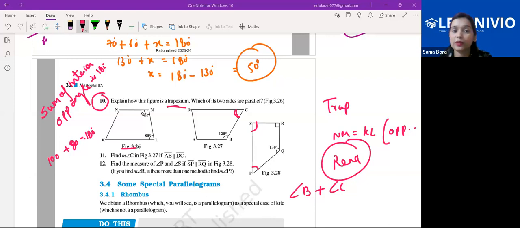So P and Q can be the co-interior angles because the line is coming like a transversal. Then you can take the angle sum property of a quadrilateral.